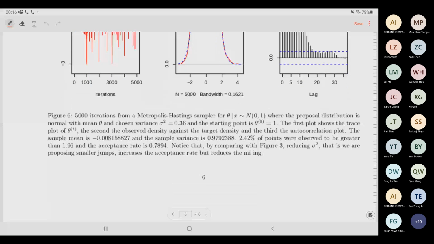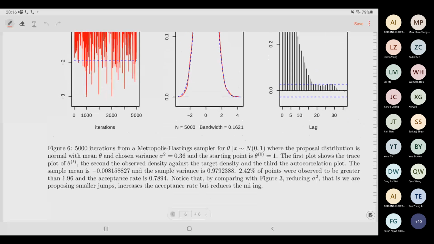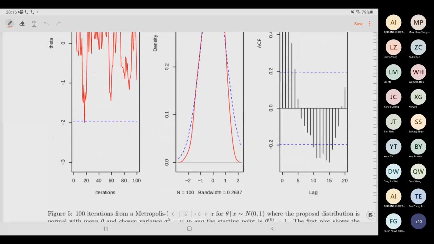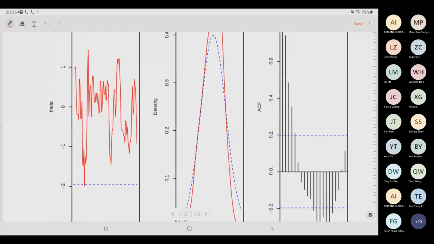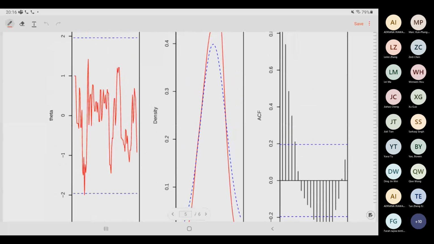Maybe I have to show this one. You can see, if I have 100, this is sigma square 0.36. You can see they are actually moving more, but the distance between the movements is smaller.